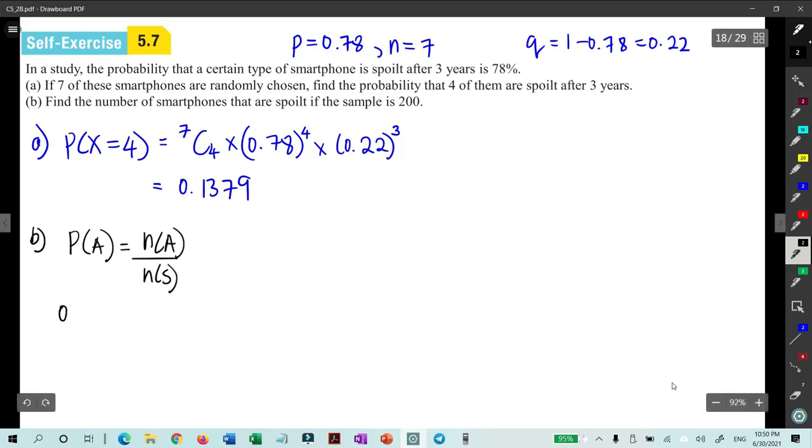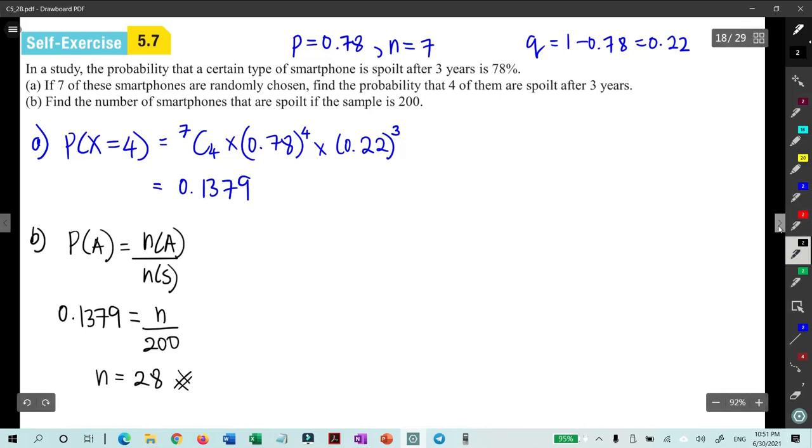And the probability is 0.1379, and we're going to find the number of smartphones spoiled. I just write n and divide by the sample size, which is 200. So the value of n is 0.1379 times 200. So we get 27.58. So we round off this value and we get 28.